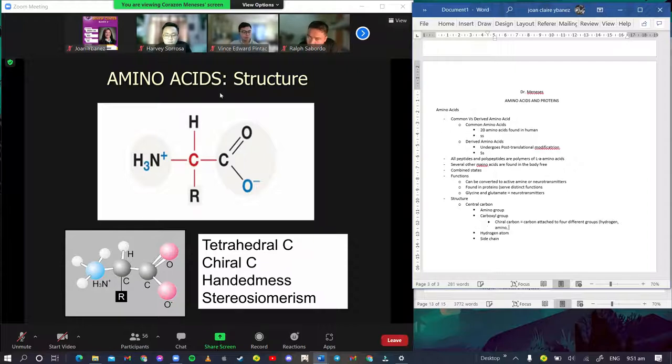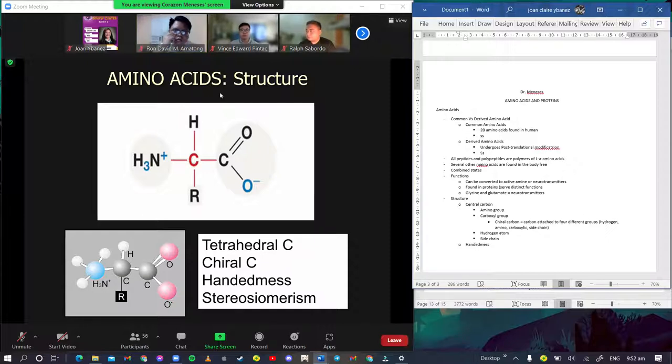Okay, how about the handedness? What do we mean by handedness? Anyone? Handedness, Doc, refers to whether it's a levo or left rotation of the structure of the amino acid, or dextro, which is when it goes to the right.